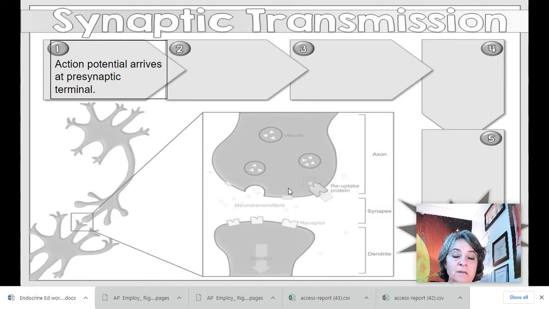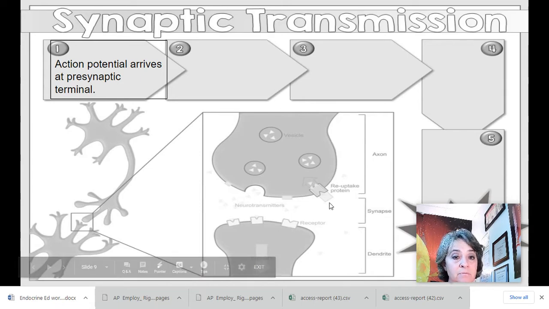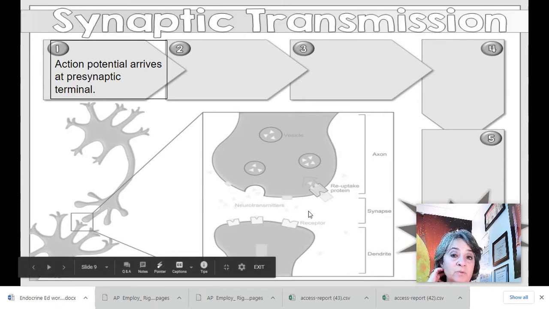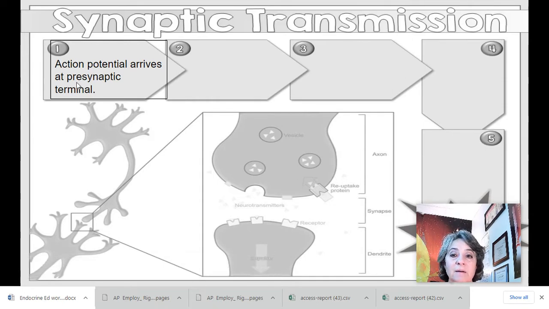This portion of the neuron is before the synapse. Remember, the synapse is the space. So this word presynaptic, pre means before, synaptic is referring to the synapse, the space. So this is happening before the space. That's how you know it's right here, because it's before the space.